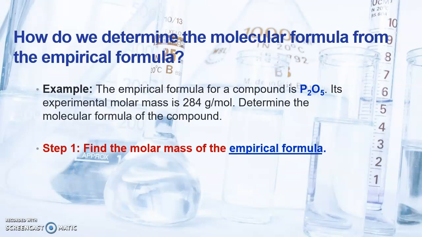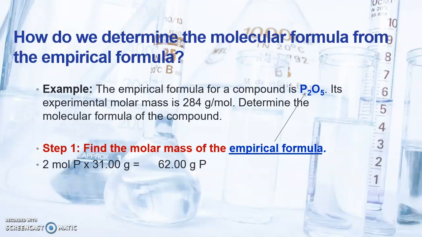So our step 1 for finding the molecular formula is to find the molar mass of the given empirical formula. And for this problem, the given empirical formula is P2O5. So how many moles of phosphorus are there in the given empirical formula? There are 2. So multiply that with the atomic mass of phosphorus.